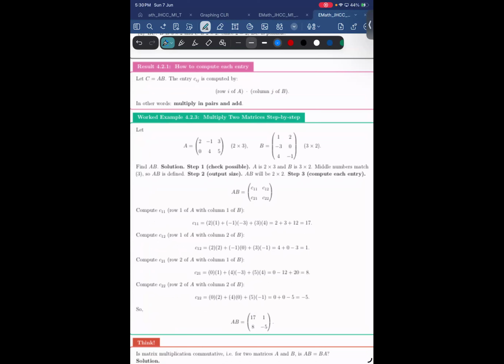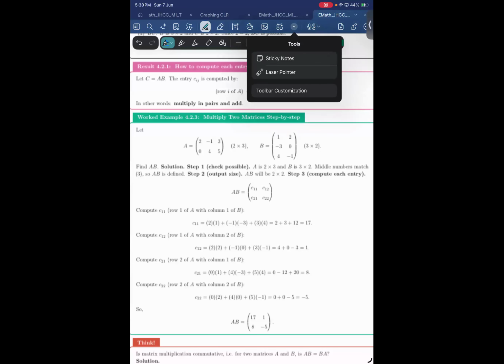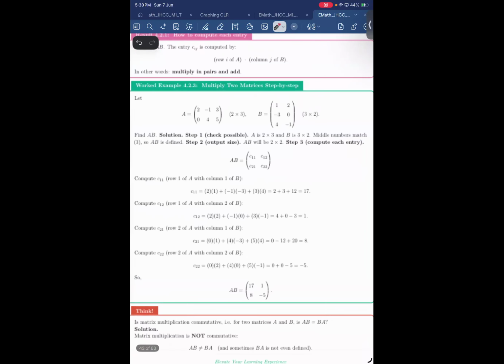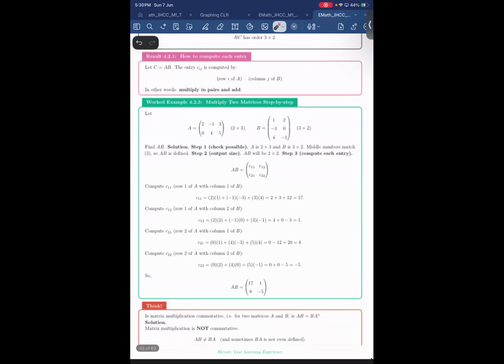For the first entry, C11, I'll go through the first one only: 2 times 1, then minus 1 times minus 3, and 3 times 4, which is row 1 of matrix A multiplied by column 1 of matrix B. C12 means row 1 of matrix A times column 2 of matrix B. Then apply it for the rest. Any questions? How to use it?